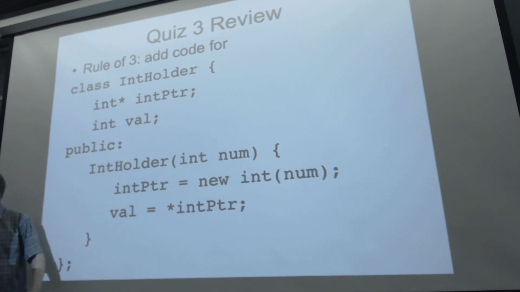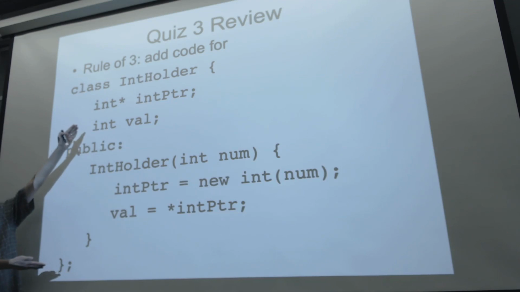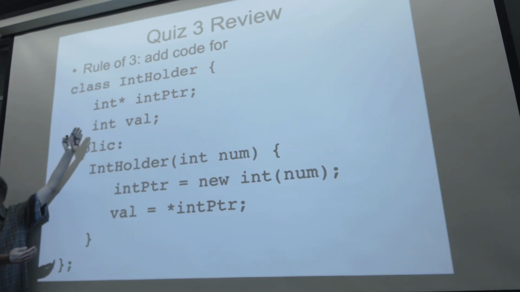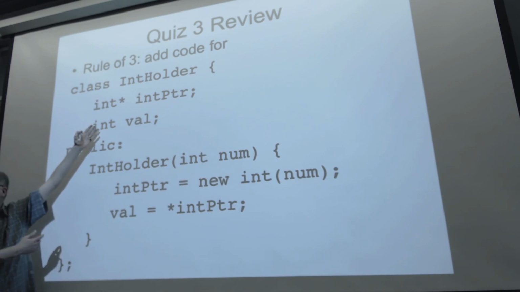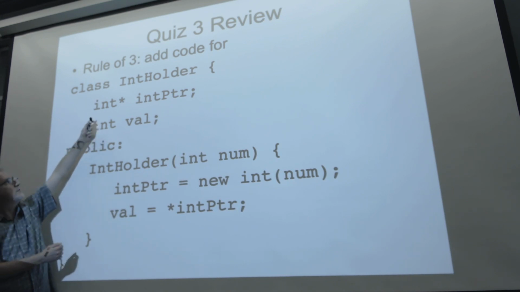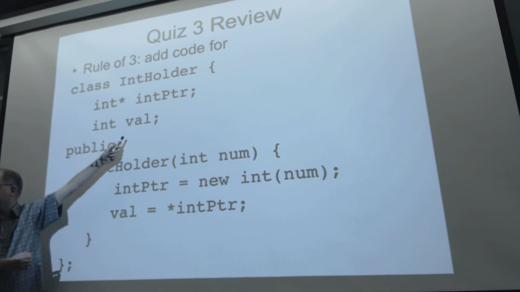That's created on the stack instead of the heap, so it just goes away automatically when it leaves. It is hard to talk precisely about this, because if we make our whole int holder object on the stack, these things are on the stack. If we make a whole int holder object on the heap, these things are actually on the heap as well, right? But when you make an int holder object through whatever mechanism, a space for an int pointer is allocated, and a space for an int is allocated.